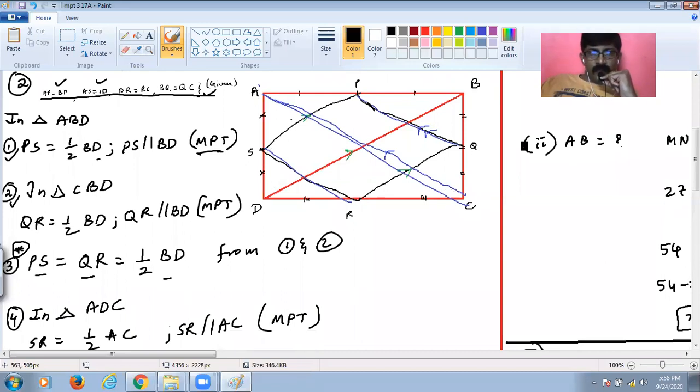ADC में क्या है, S is a midpoint of AD and R is a midpoint of CD. So SR, very good. Can you think about SR and AC? Yes, perfect. You got it correct in your brain. SR would be half of AC and SR would be parallel to AC by MPT. You understood this statement number 4 and 5?